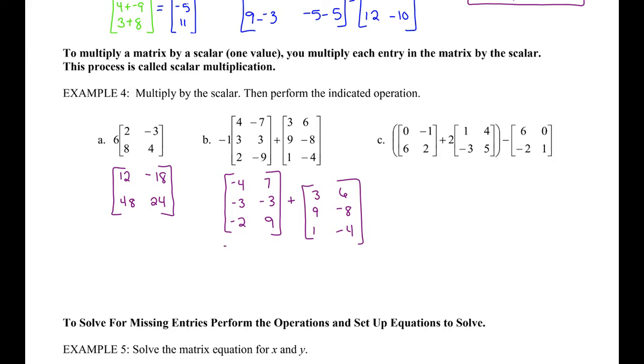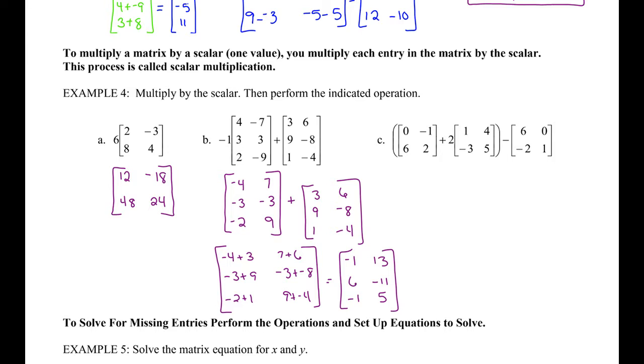So if I look at simplifying this, I'm going to add entries that are in the same spot on the matrix. And I'm going to simplify to get negative 1, 13, 6, negative 11, negative 1, and 5.